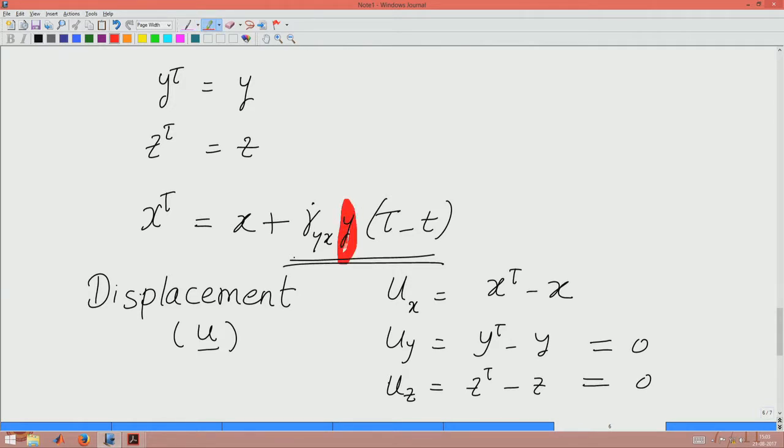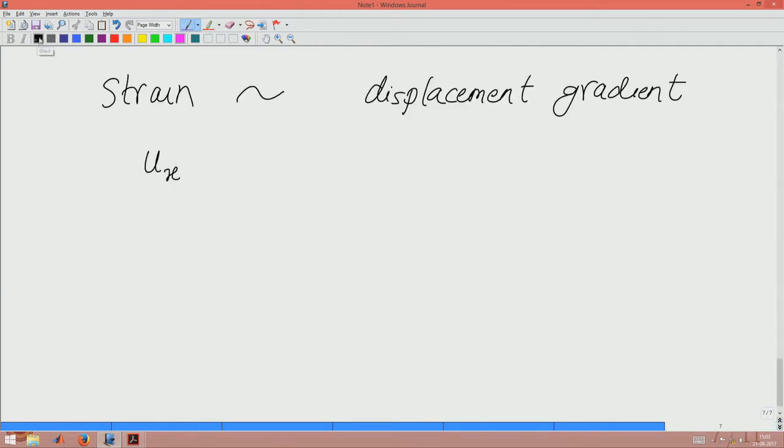So, therefore, u x is a function of y. So, again when we do the displacement gradient we will see that diagonal terms will be 0 and only the x y term will be non-zero. So, this is very similar to the velocity gradient terms, only thing is velocity gradient is strain rate while displacement gradient will give us strain.